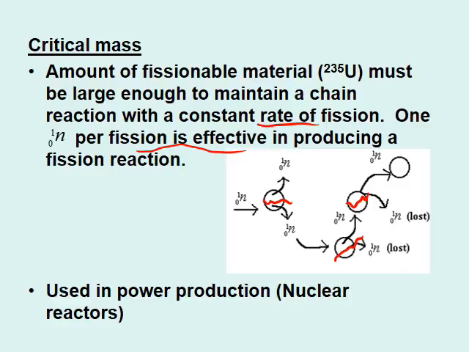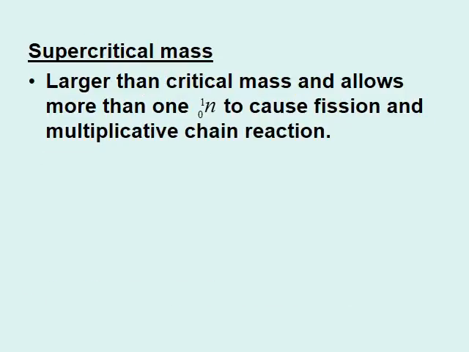And this kind of chain reaction is important in power production, where we can control the energy production. And for that you need a critical mass. Supercritical mass is larger than a critical mass and allows more than one neutron to cause fission reaction, and there will be multiplicative chain reaction. In next slide, I'm going to show you how that works.